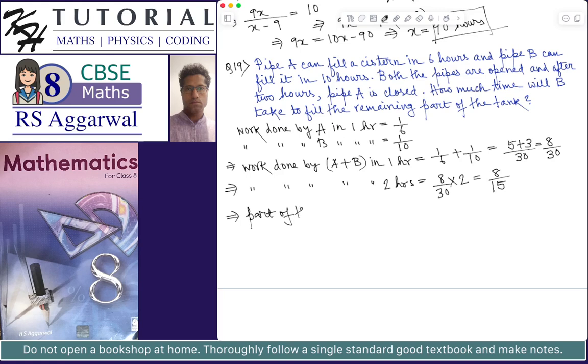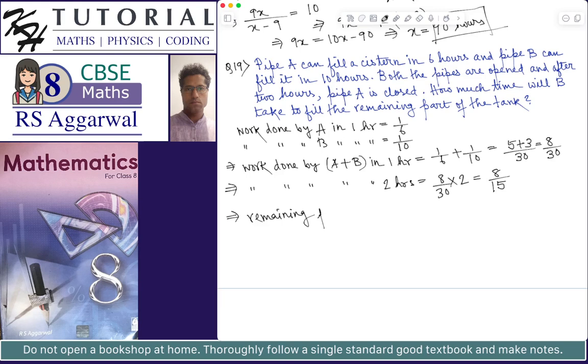In the problem it is asking how much time we will take to fill the remaining part of the tank. The remaining part of the tank means the part of the tank which is still empty.